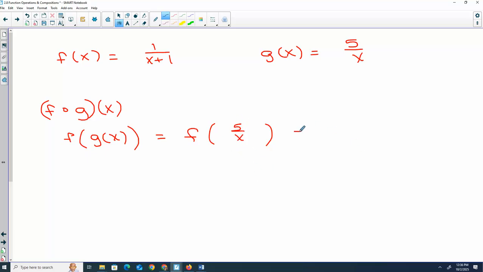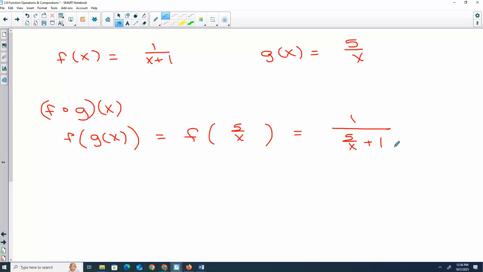So I'm asking for f of 5 over x, which means you go to function f and you replace your x with 5 over x. Is it proper notation to leave a fraction in a fraction?